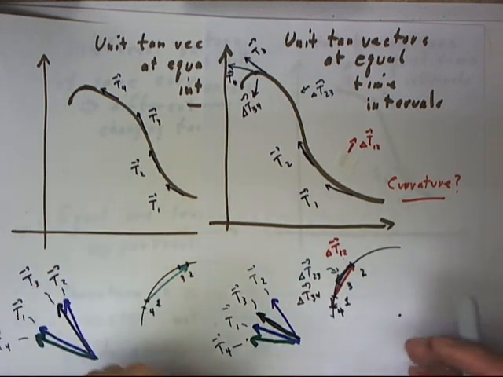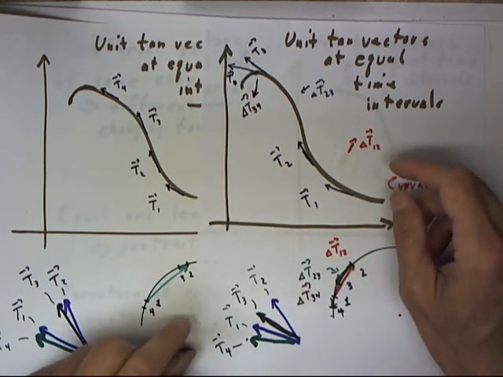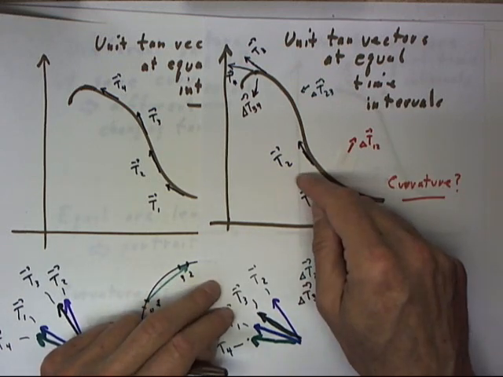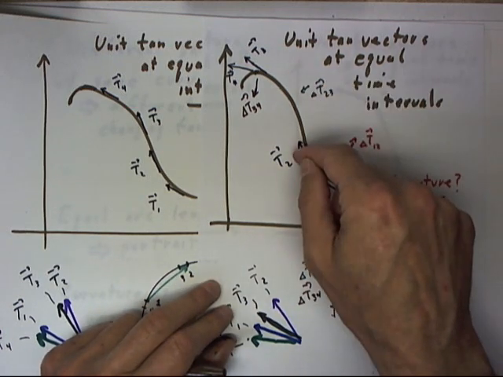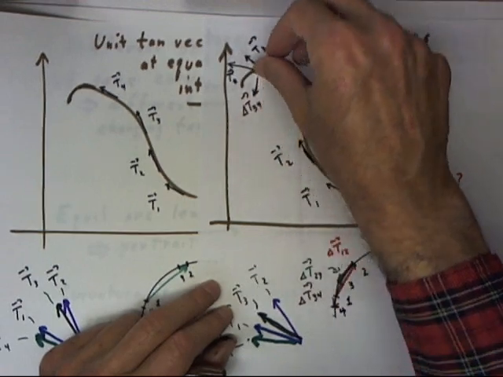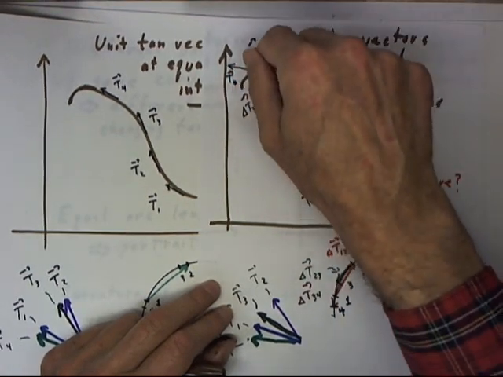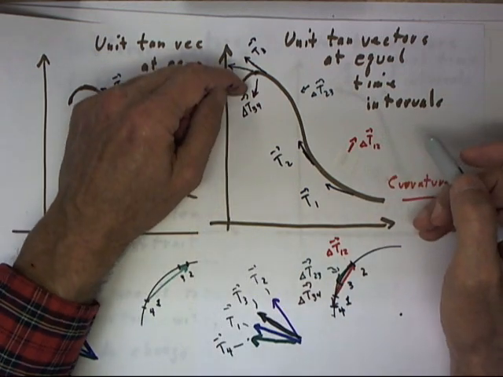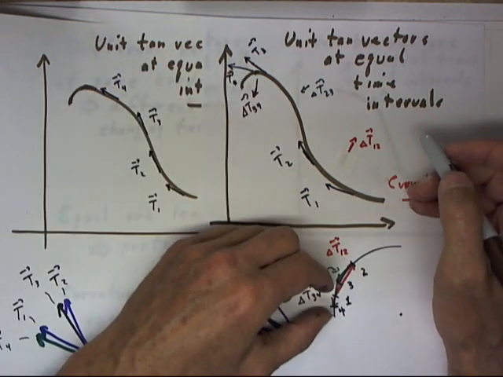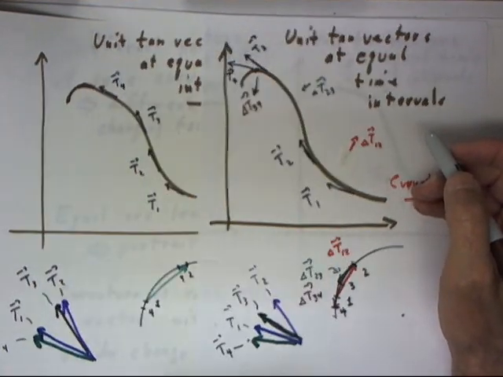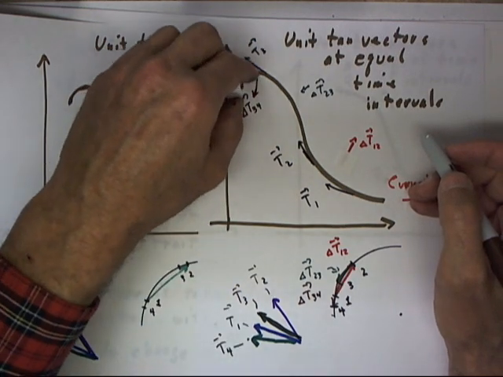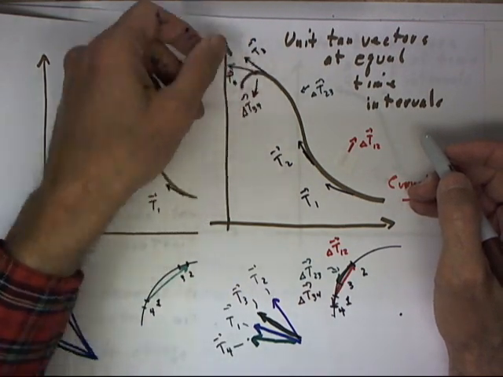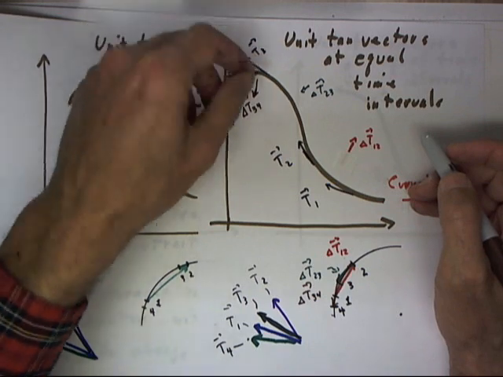But now the point is that this is how much our unit tangent vector changed between here and here. This is how much it changed between here and here. And this, if it's made a little shorter, is how much we change between here and here. This one is probably shorter than this one, but it occurred over a much shorter interval of our path.